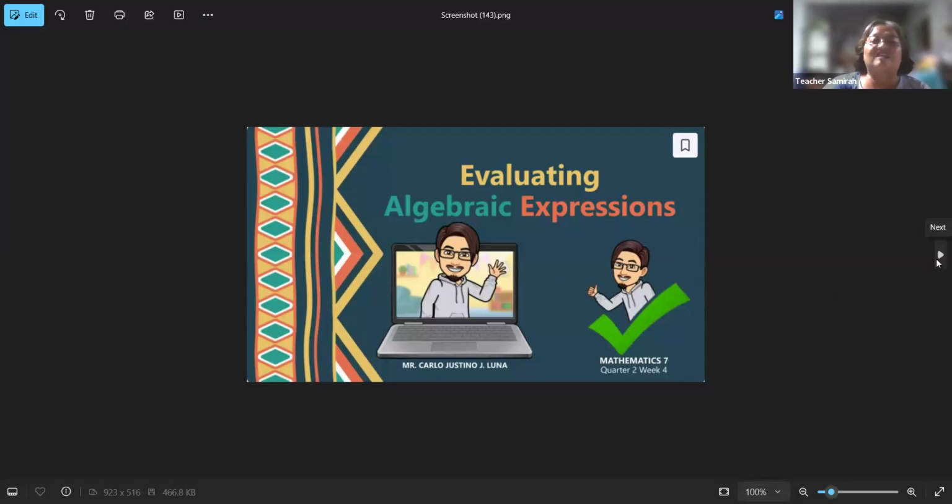Before this evaluation of algebraic expressions, we were able to learn about expression and equation, right? What is the difference between expression and equation? What can you remember about expression and equation? Anyone?